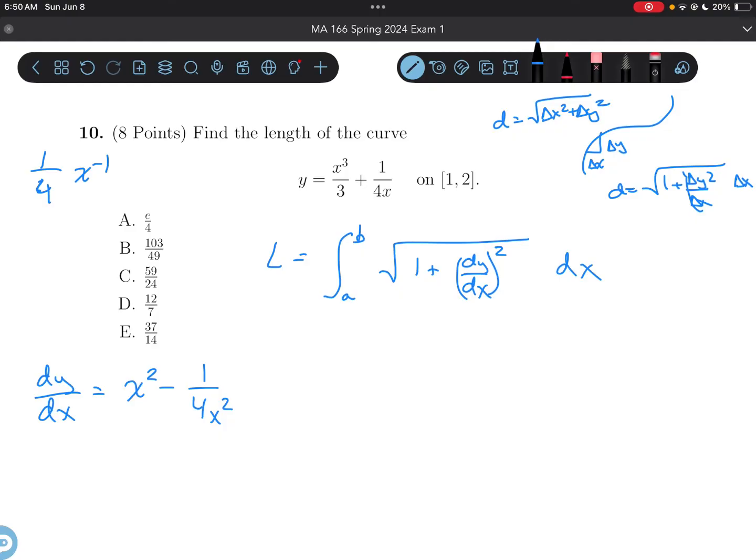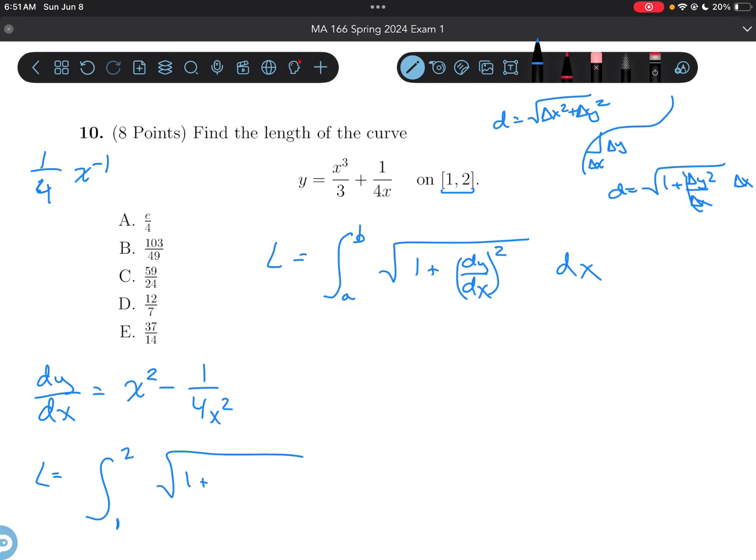Okay, so now just plug in all the values. We have L. Our bounds, a and b, are the bounds that they give us in the problem, so basically the endpoints of the curve. So that's 1 and 2. And we have the square root of 1 plus x squared minus 1 over 4x squared, squared.